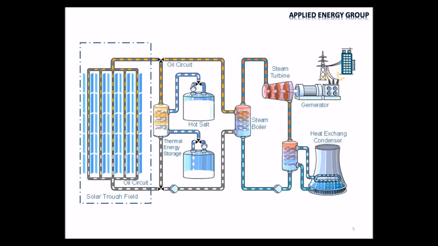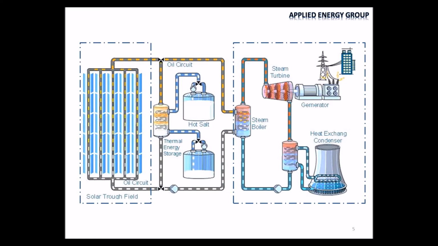The receiver tube is filled with heat transfer fluid, which can be oil, water, or also molten salt. This superheated liquid heats up water in what is called a heat exchanger, which turns to steam that is sent off to a turbine, and from there it's business as usual inside a power plant to generate electricity.